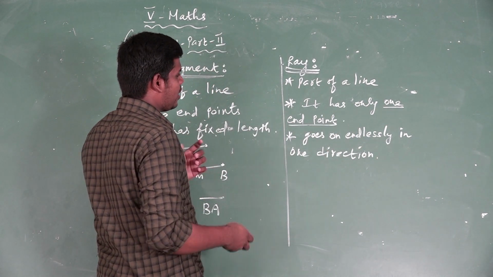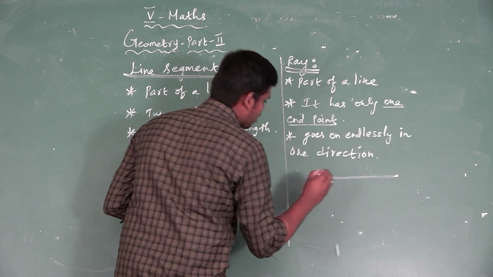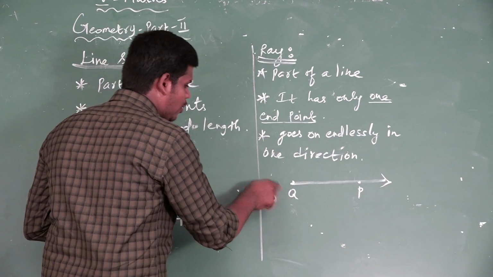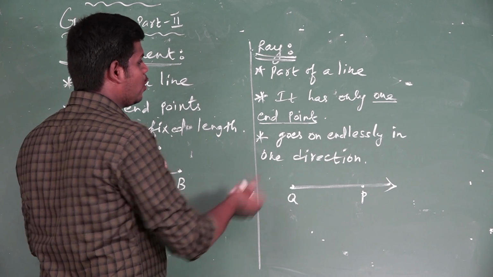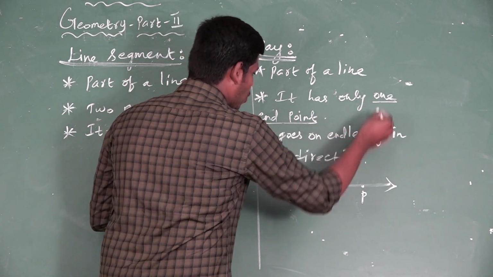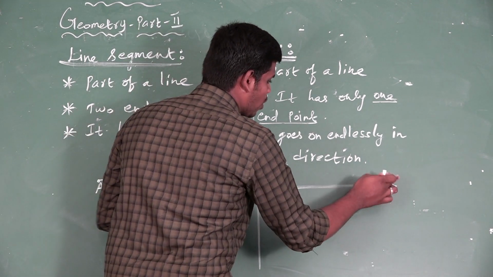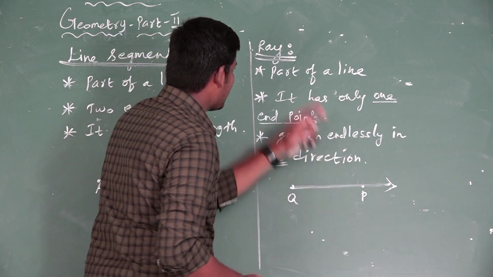So how can we draw the ray? This is the initial point, this is point Q. We do not draw two arrow marks, which would mean both directions. I already explained, ray has only one end point. The direction is also one, so we use only one arrow mark. So this is the ray QP.